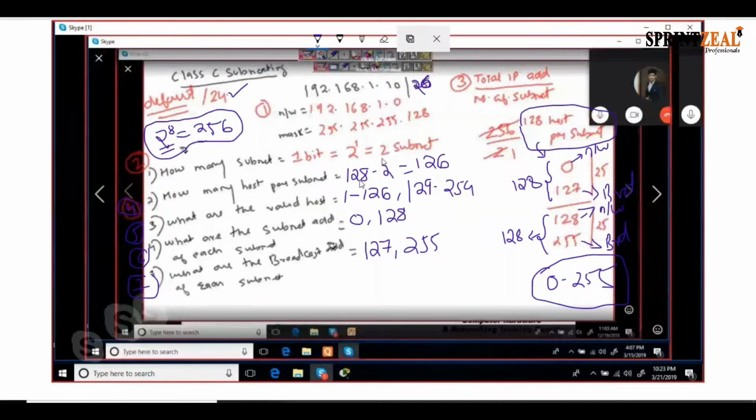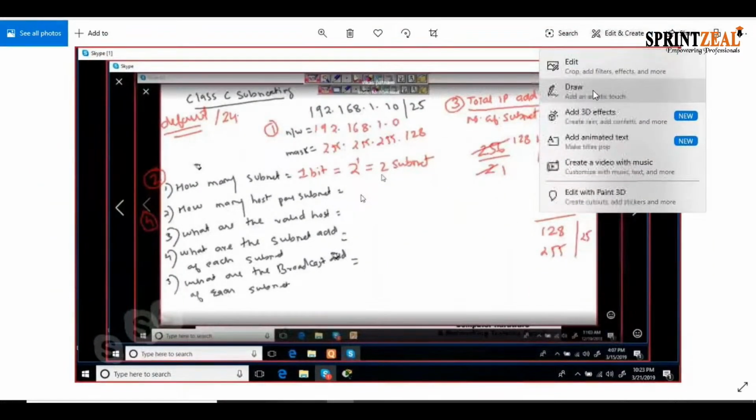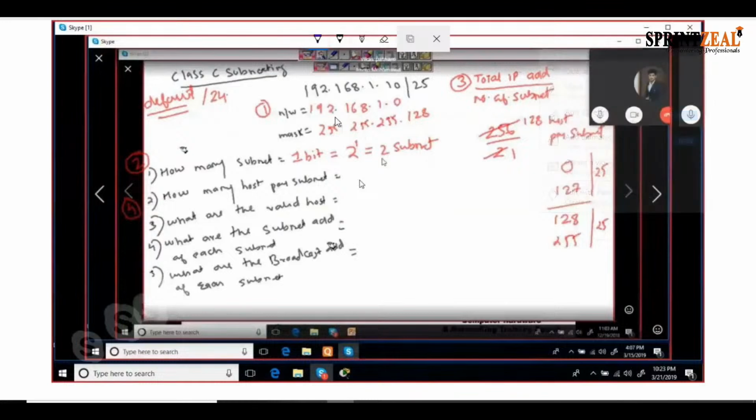Done? Okay, so now tell me. The network address will be the same, right? What will be the subnet mask? 255.255.255.192.